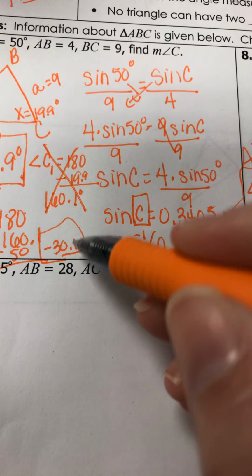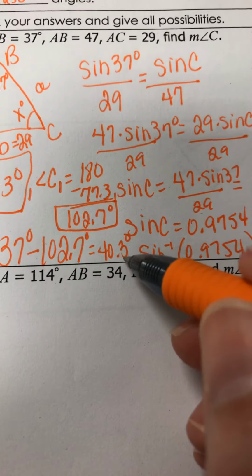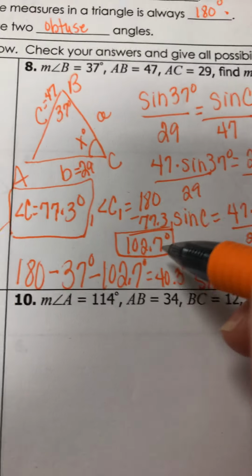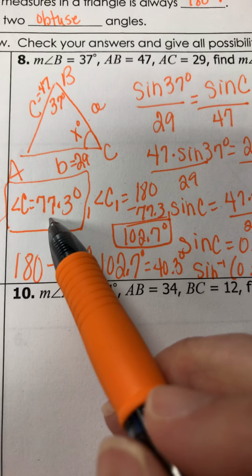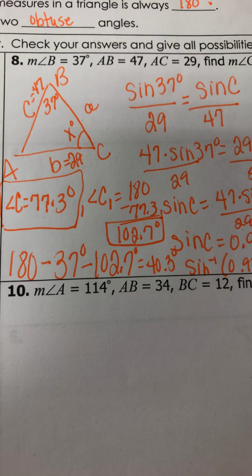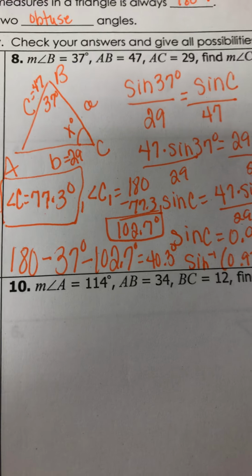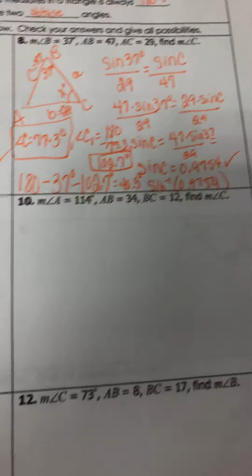If it is negative, it will not make a second triangle. So since this one was positive, I have two solutions for C, 77.3 degrees and 102 7/10 degrees. So two triangles with two solutions. Isn't that awesome?